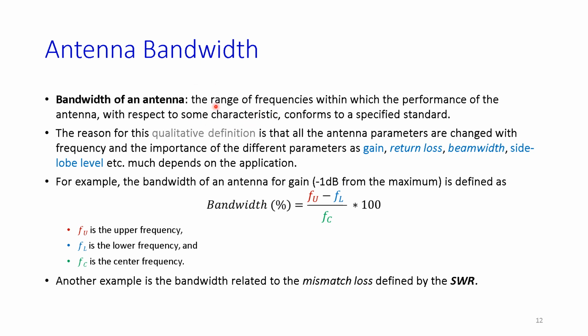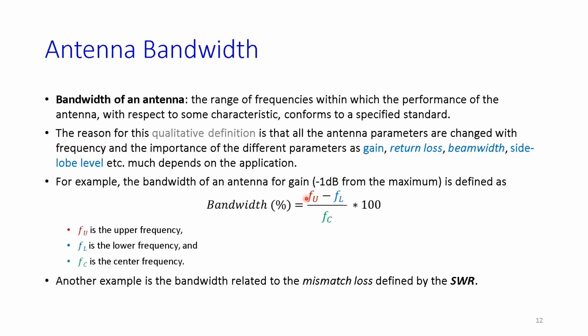We're saying some characteristics because it depends on what you want to do. So some people look at the bandwidth for the gain, return loss, beam width, side lobe level. It depends on what you want to do. So the bandwidth is how much bandwidth that guarantees certain characteristics.